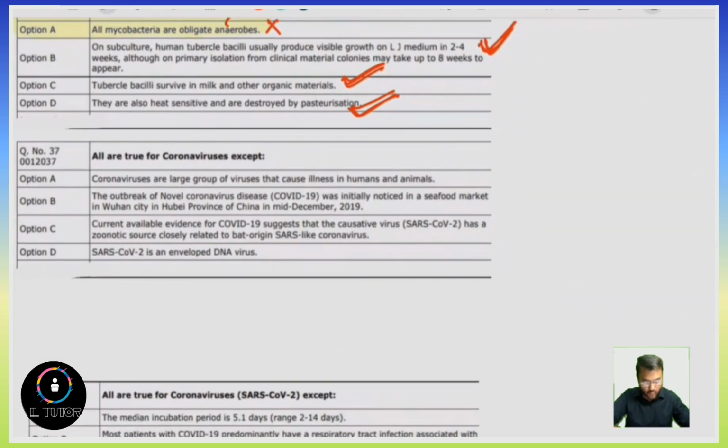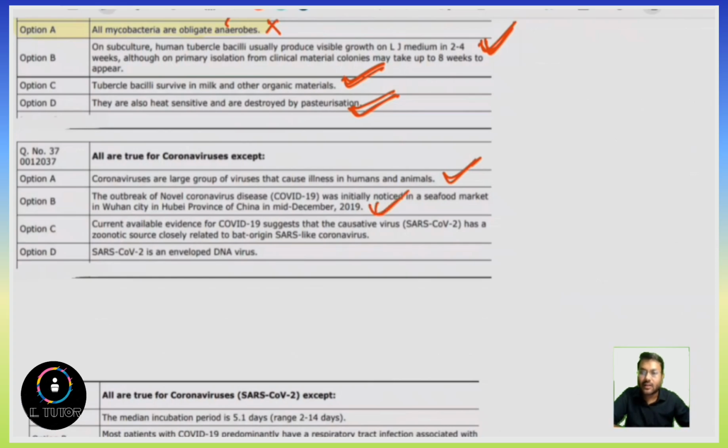All are true about coronavirus except. If we see the options, coronaviruses are a large group of viruses that cause illness in humans and animals. This is true. The outbreak of novel coronavirus was initially noted in the seafood market in Wuhan city in China. This is also true, in 2019.